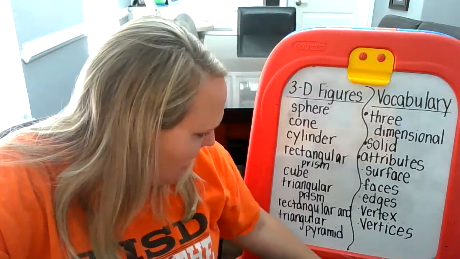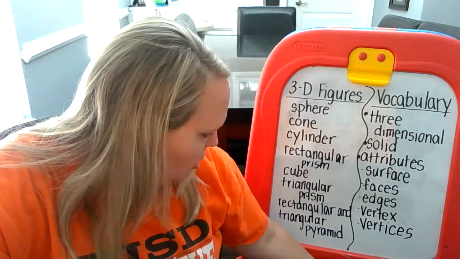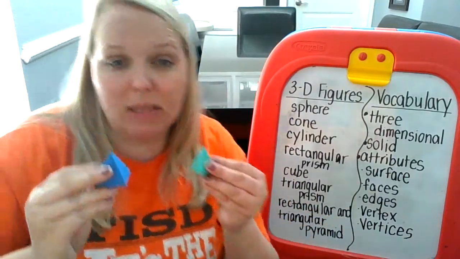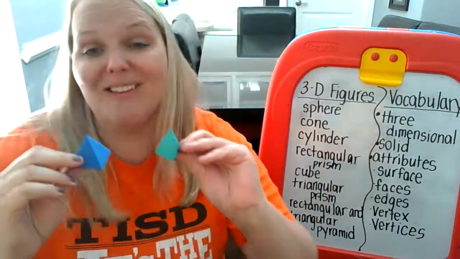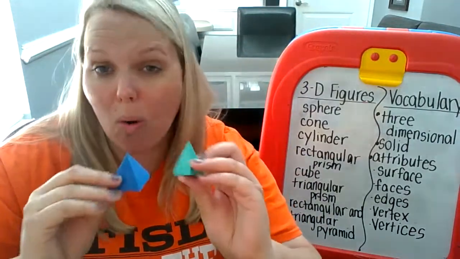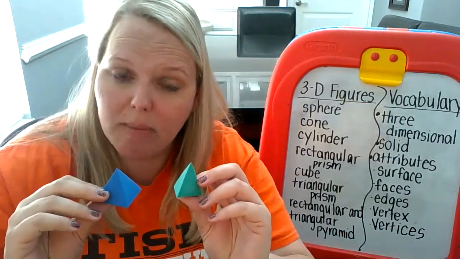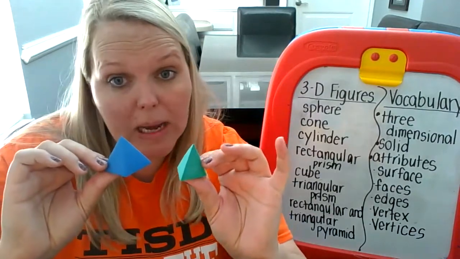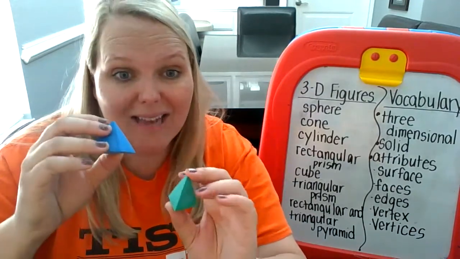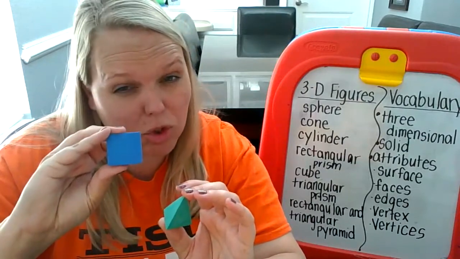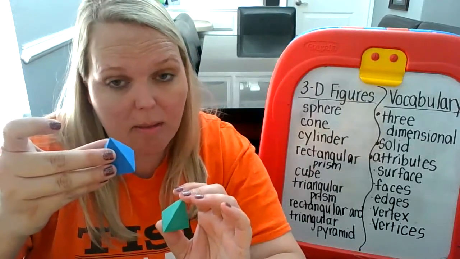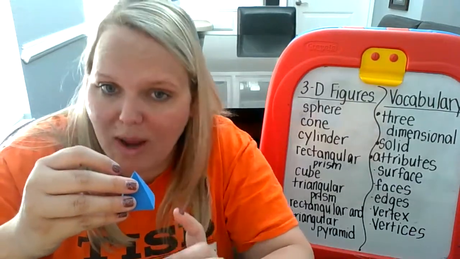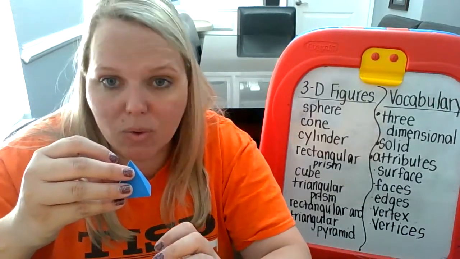All right, so it says rectangular and triangular pyramid. Now, a pyramid is going to have faces, and it's going to come to a point to have a vertex at the top and then the vertices at the bottom. I do not have an actual rectangular pyramid. This one's a square at the bottom. But remember that a rectangle is a special kind of square because it does have 4 sides.